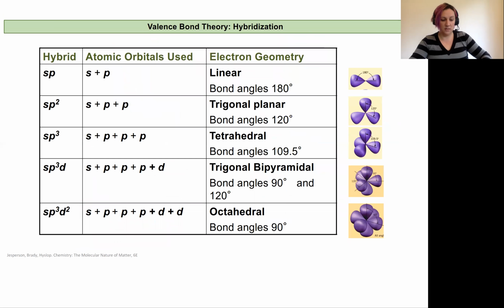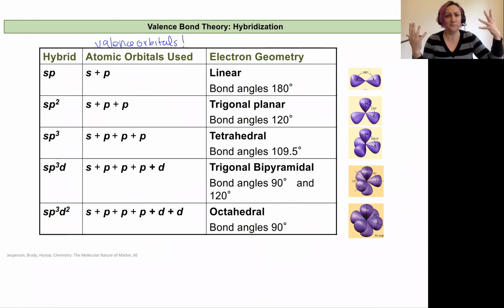So here's the table that shows all of these hybridizations that are possible. It's important to remember that the atomic orbitals used are valence orbitals only. For a lot of things, like in the second row, that's only s and p. In the first row, it's only s orbitals, so there's no hybridization.